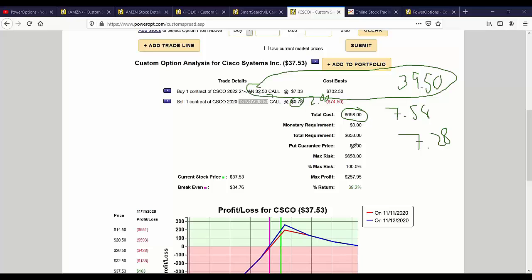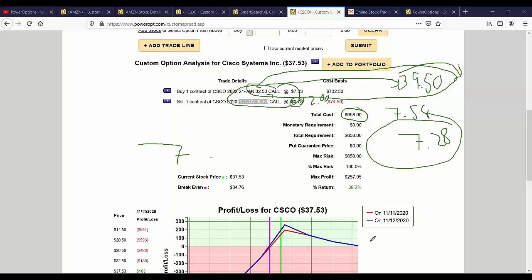Why is that so important? It's because if I'm wrong again and the stock suddenly goes up above 39.50 and I'm assigned, and now my broker exercises the 32.50 to deliver the short, I only get $7 back. I'm at a loss of 28 cents. My profit and loss chart might even look like this, but I'm at a loss.